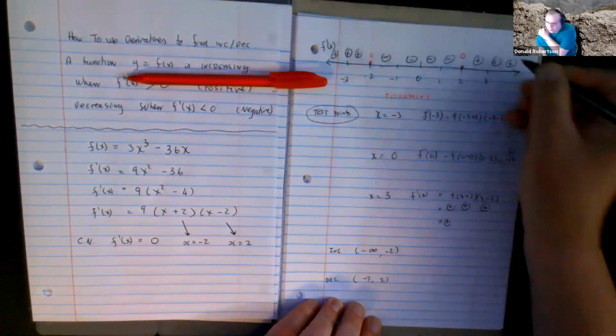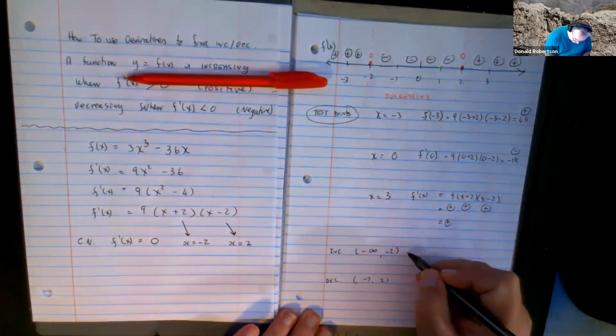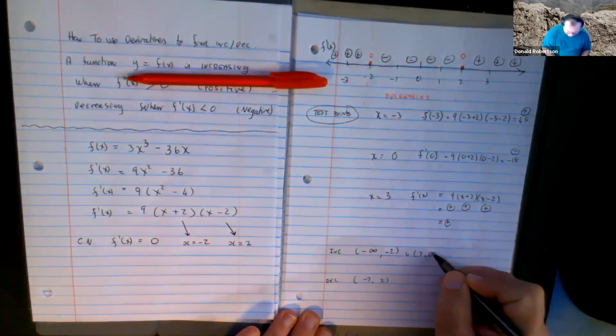So I don't need to do heavy duty multiplication. I just need to say that guy's positive times that guy's positive times that guy's negative, or whatever the combination is. And from that, I should be able to tell the final answer is positive or negative. Which means that this fella is also increasing.